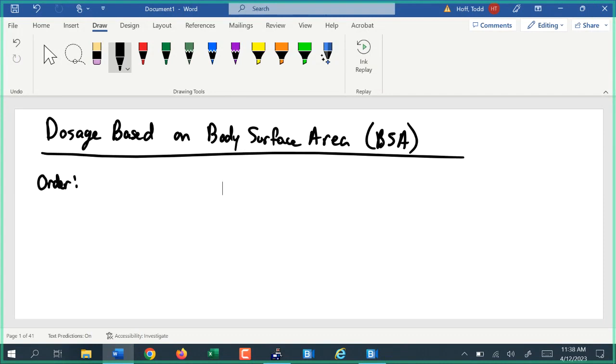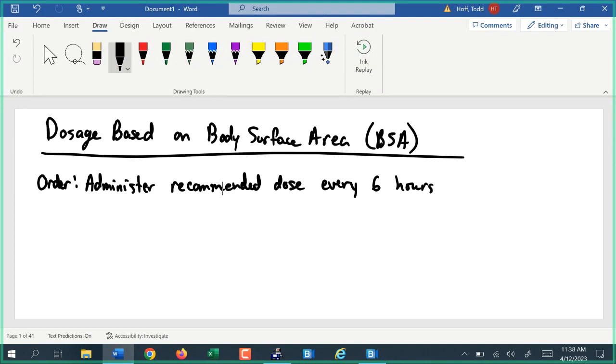So just like with the dosages based on weight, the order would be to administer a recommended dose. And this order is going to be every 6 hours. So then we look at either the bottle or look up in a reference book to see what the recommended dosage is for this medication.